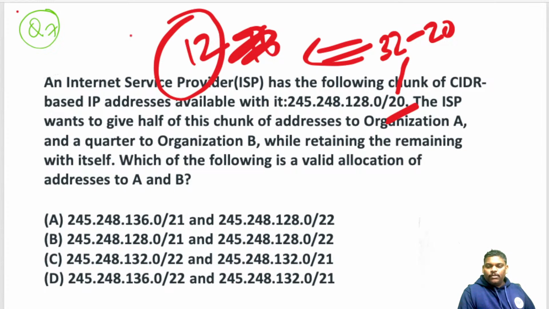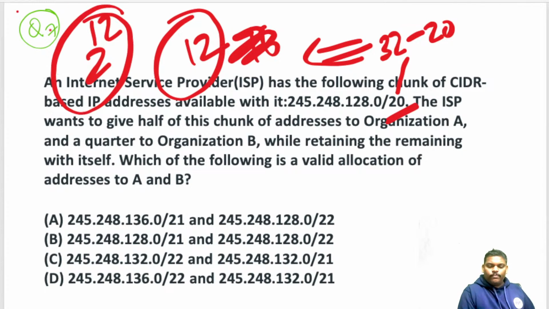Can you hear? 32 minus 20 is going to be 12. 12 bits for host. Now the ISP having 12 bits means 2 power 12 IP addresses are possible.